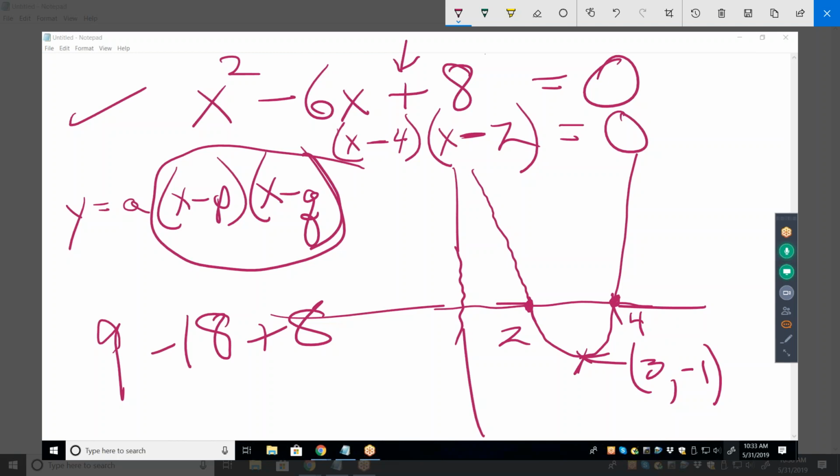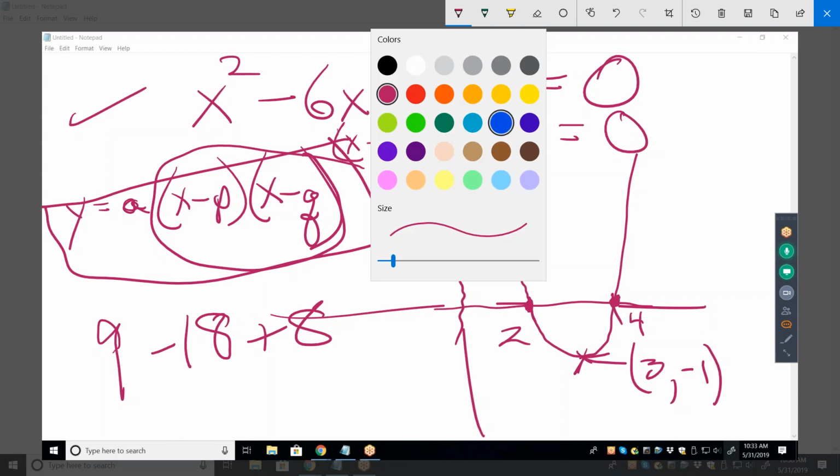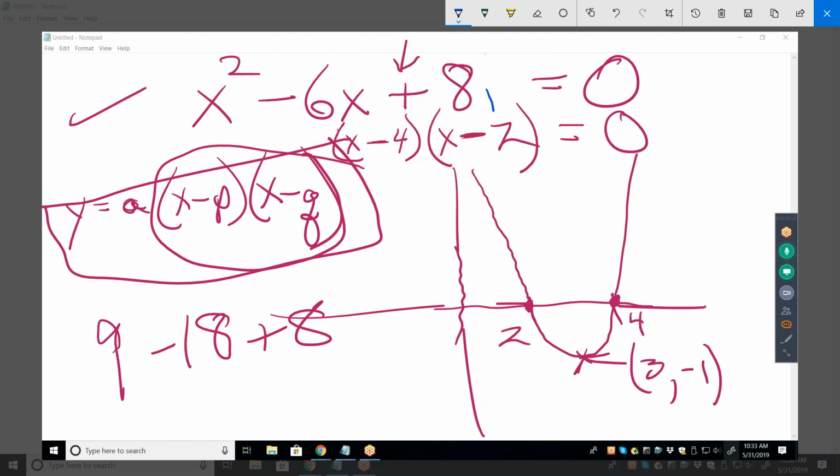Okay. Now, the reason the standard formula has an A in front of it is because this thing could be compressed. In other words, I can go through those x-intercepts, but if it's a much narrower parabola, I get a different vertex, right?